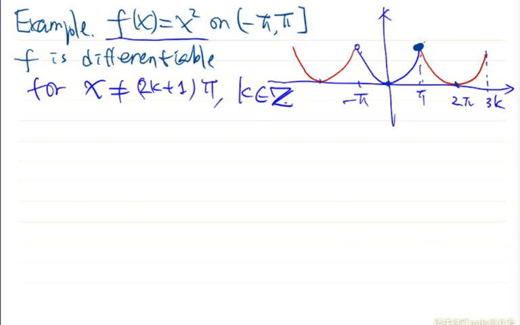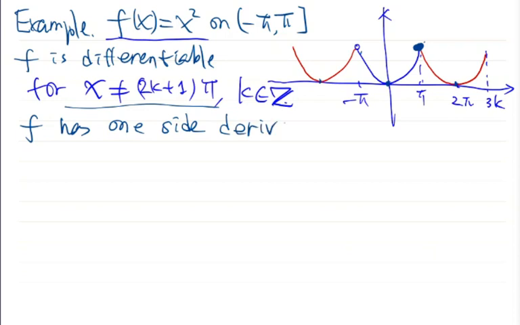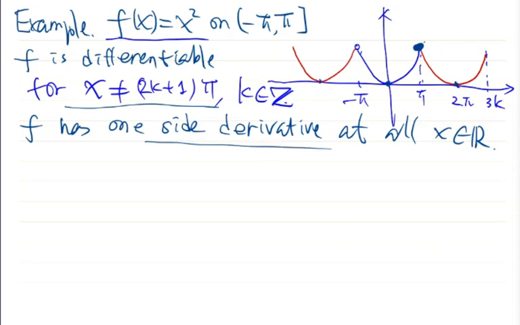Okay, f is differentiable at those points, and f has one-sided derivative at every point. Okay, for those points where f is differentiable, the one-sided derivative of course exists.